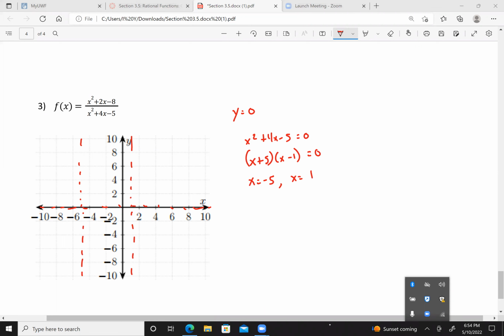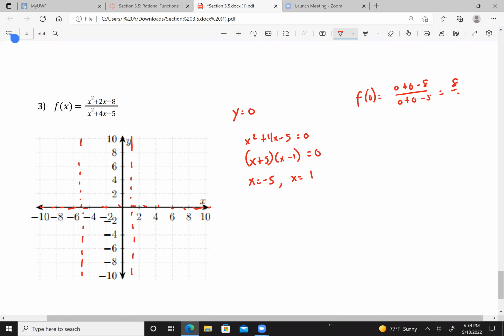Okay. Now looking for my intercepts. If I let x equal 0, f of 0 is 0 plus 0 minus 8 over 0 plus 0 minus 5, which is 8/5. So if x is 0, we get 8/5, which is about here.